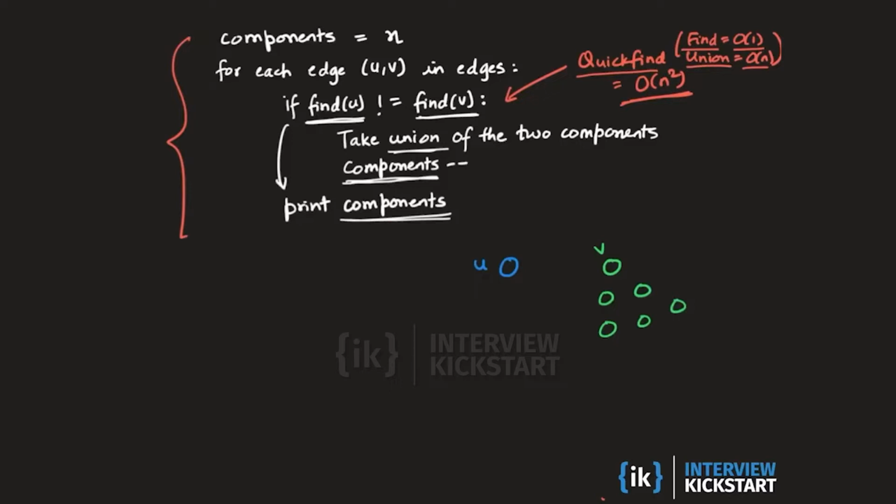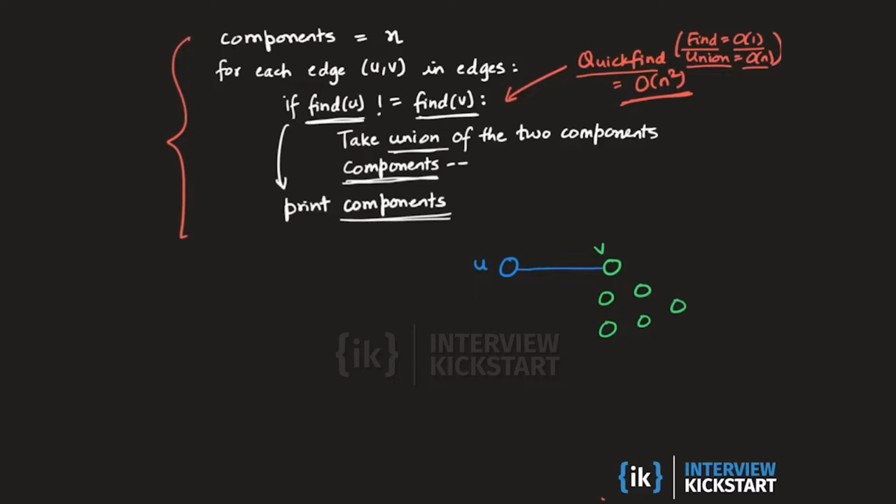So suppose we have an edge between u and v that has just arrived. Just before the arrival of this edge, let's assume that u was in its own component. That means the component ID of u was u itself, and let's say v had 6 vertices in its component, which are all shown in green here.